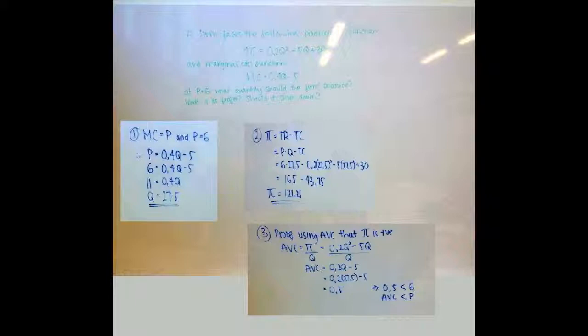As we mentioned when we were talking about the graph, when the price is lower than the average variable cost, the firm should shut down. In this case, 0.5 is smaller than 6, so the average variable cost is smaller than the price, which means that the firm should not shut down because they're making a positive profit and should continue producing.